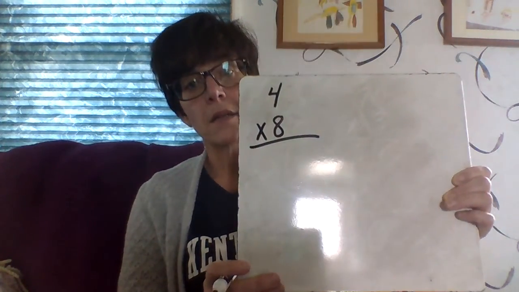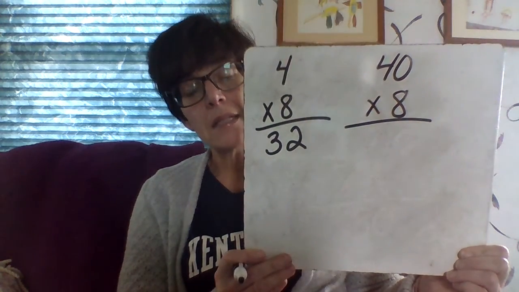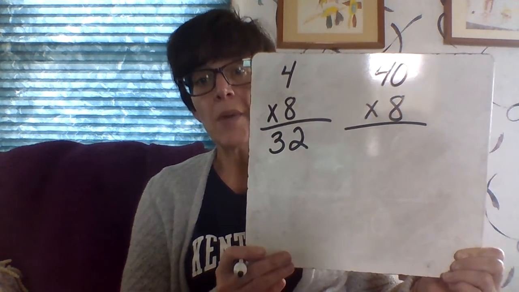All right, watch me do another one, then I'm going to have you do 2 along with me. This time I'm going to do the basic math fact of 4 times 8. I know that 4 times 8, or 4 groups of 8, would give me the product of 32. Now, I'm going to keep that locked in my brain when I multiply 40 times 8. 40 times 8, that's a group of 10, so I'm going to use the same patterns that I use when I multiply by 10.